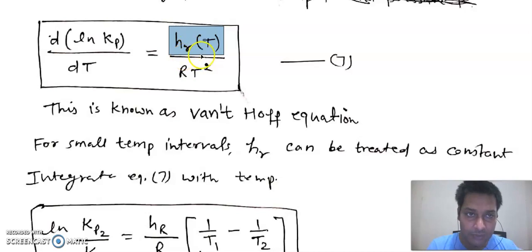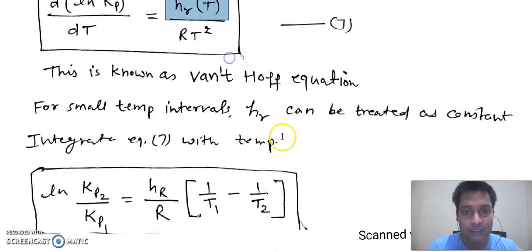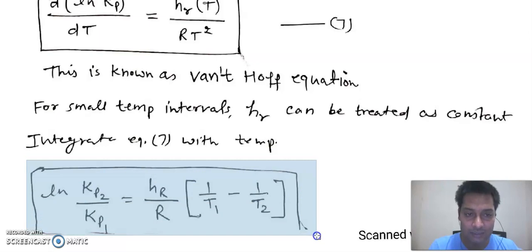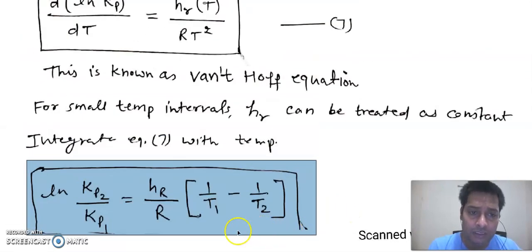In that case, this term will be constant, and if we integrate this equation assuming h_R constant, with limits Kp1 and Kp2 between temperatures T1 and T2, we finally get this expression. In this way we can calculate the equilibrium constant at different temperatures. For example, if the equilibrium constant at one temperature is given and we need it at another temperature, we can calculate it using this equation.